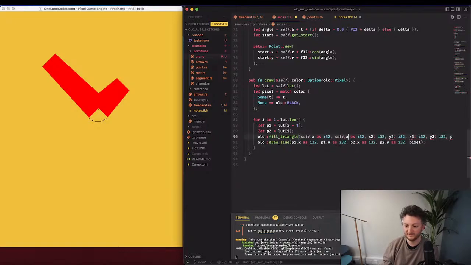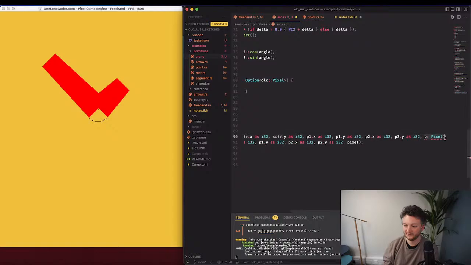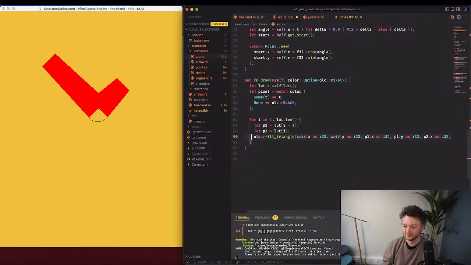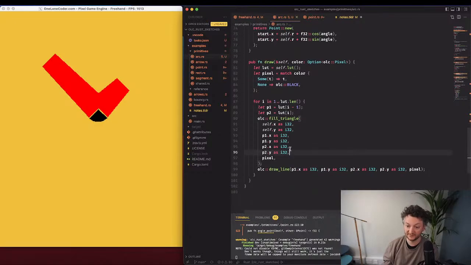Self.y. Then we want to go to these 4. I'm not sure if that's the right. And then we want to do pixel. Let's also draw the edge. That's looking pretty good. It's not bad.